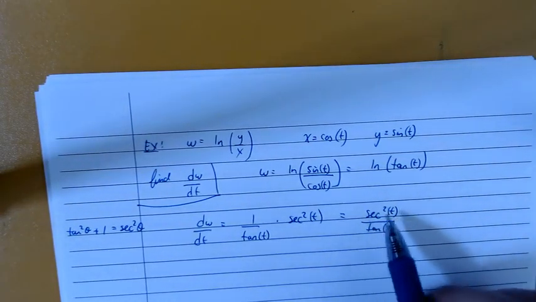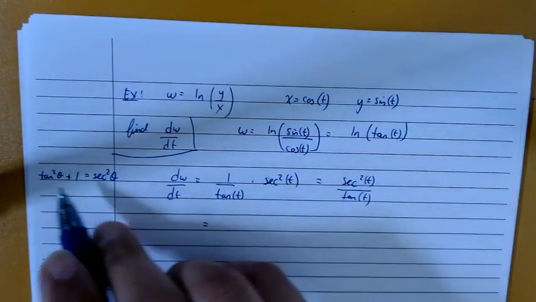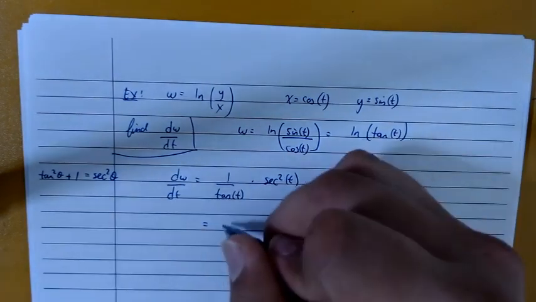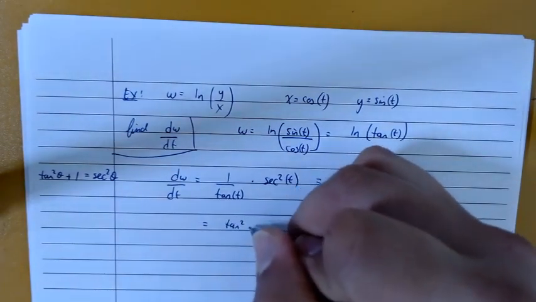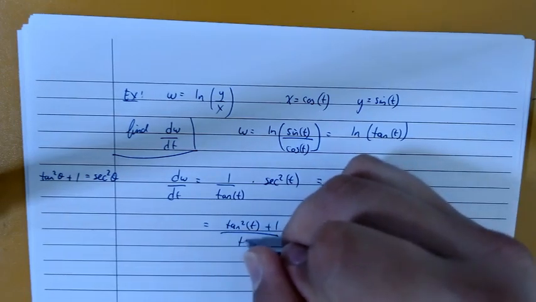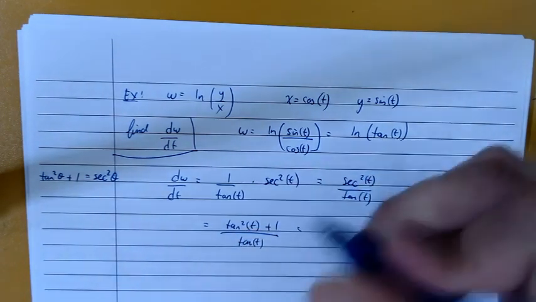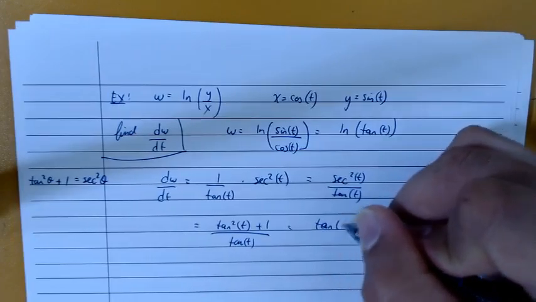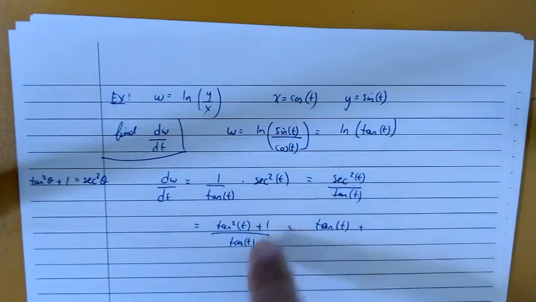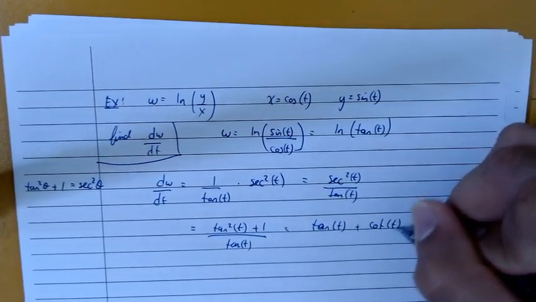So here this can be separated out as secant squared of t, well, that's going to be tangent squared of t plus 1 over tangent of t. And now tangent squared of t over tangent of t, that's the tangent of t. Plus the reciprocal, 1 over the tangent of t, well, that's the cotangent of t, which, as you see, is exactly the same result we had before.